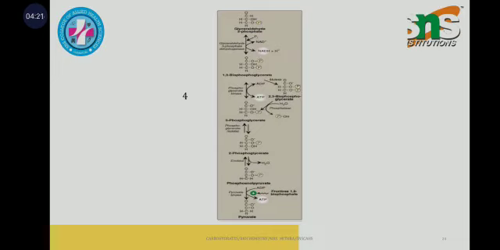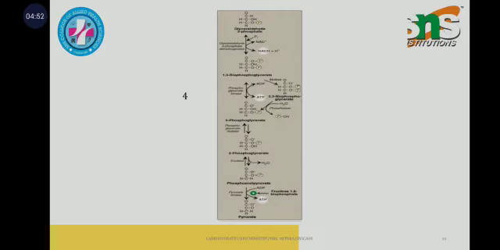The enzyme phosphoglycerate kinase converts 1,3-bisphosphoglycerate into 3-phosphoglycerate, and 3-phosphoglycerate is converted into 2-phosphoglycerate by phosphoglycerate mutase. 2-phosphoglycerate is converted into phosphoenolpyruvate with the help of the enzyme enolase, and phosphoenolpyruvate, with the help of pyruvate kinase, gives the product pyruvate.